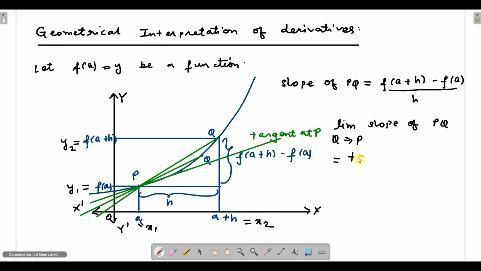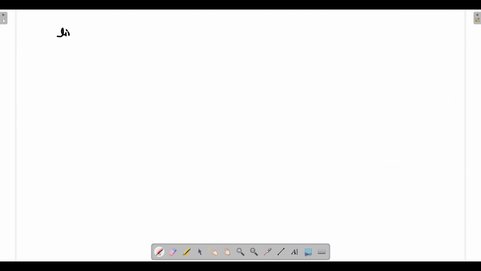So the limit Q tends to P of the slope of PQ, that is nothing but the tangent at point P. Okay, so now we will look at the limit h tends to 0 of this f of a plus h minus f of a divided by h.